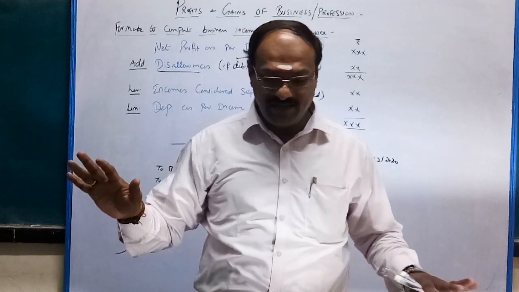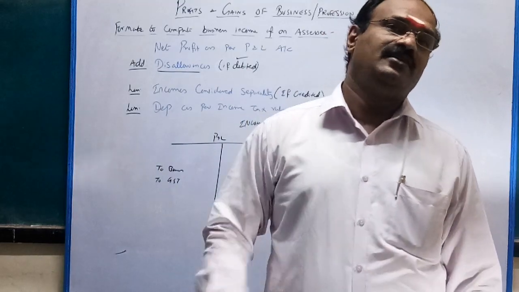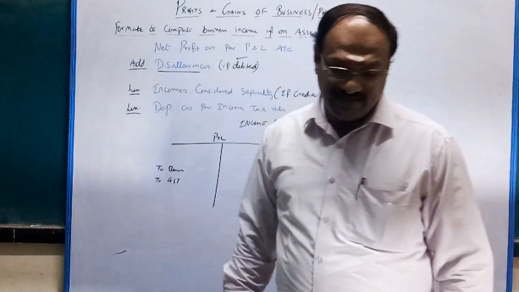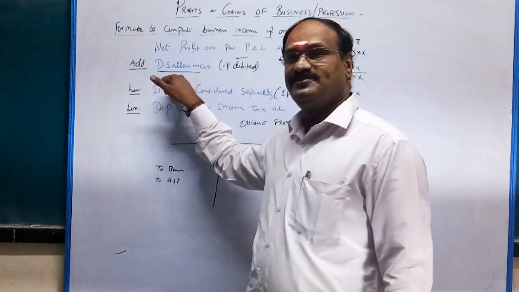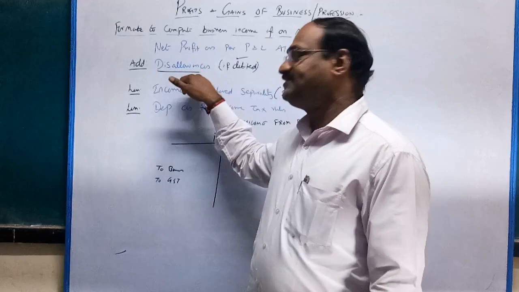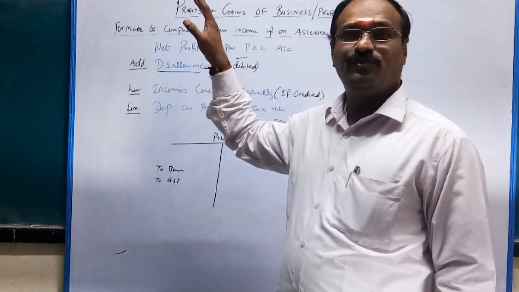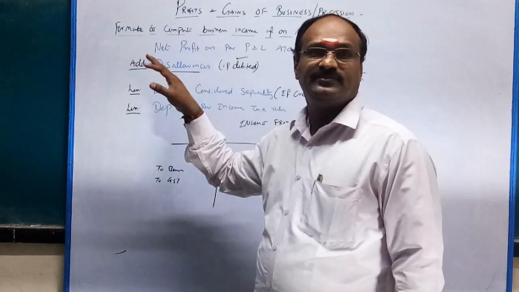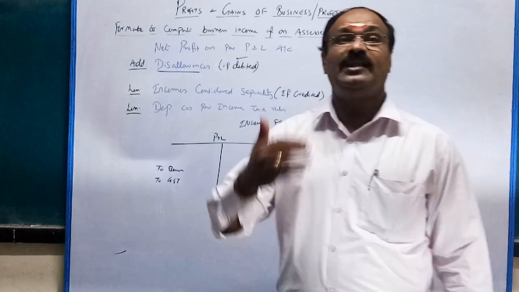Nothing. No adjustment is required. First we will see disallowances. Once again, repeat: if disallowances are debited in the P&L account, then add. Suppose not debited, it is given in adjustment, no adjustment is required.